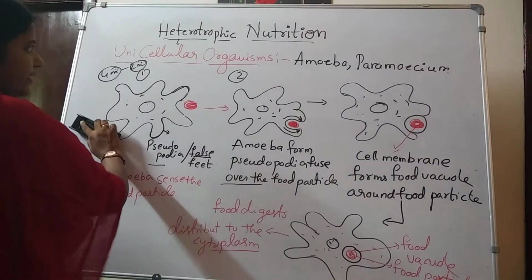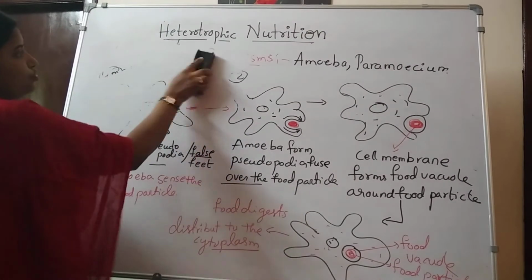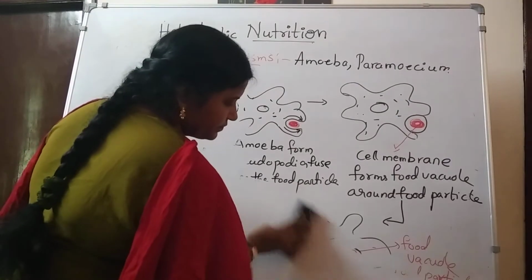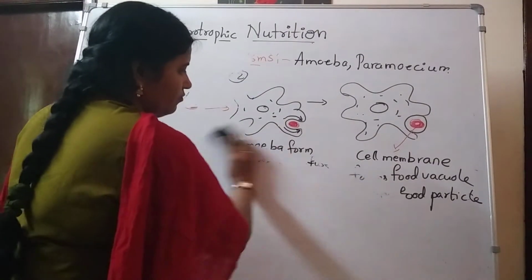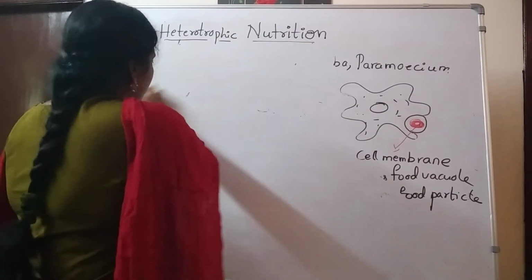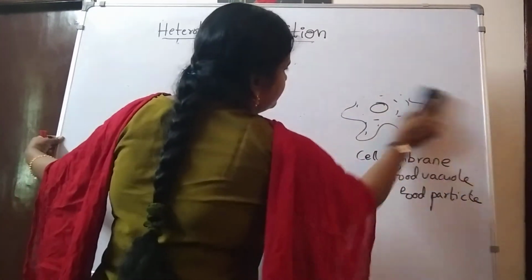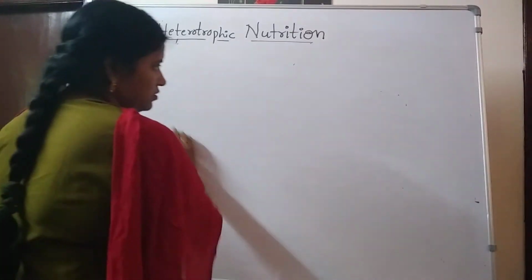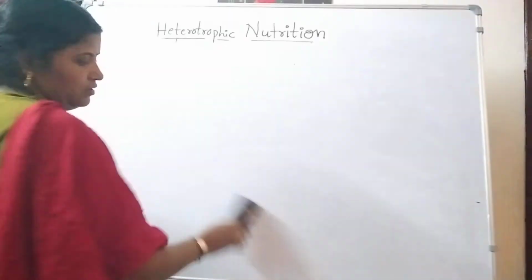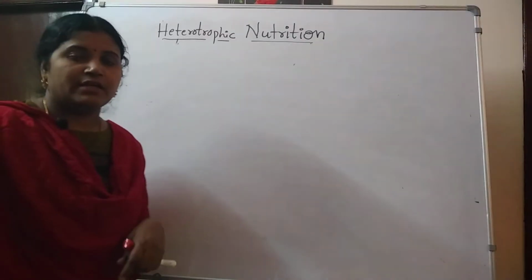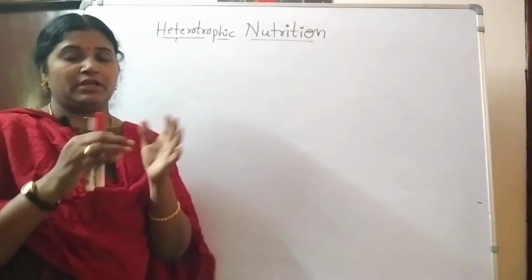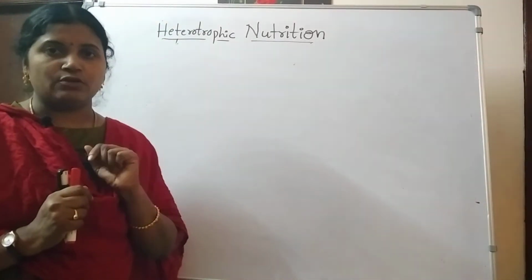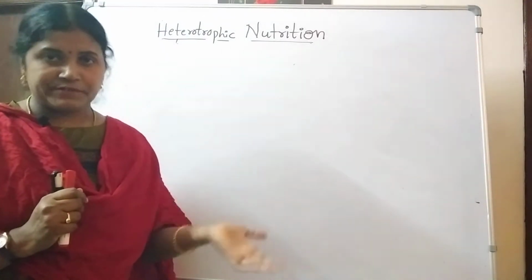Okay. Next we will go to heterotrophic nutrition in plants. Already in the beginning of the class I told that all the plants are able to prepare their food, except a few plants which do not have any chlorophyll, and sometimes leaves are absent also.